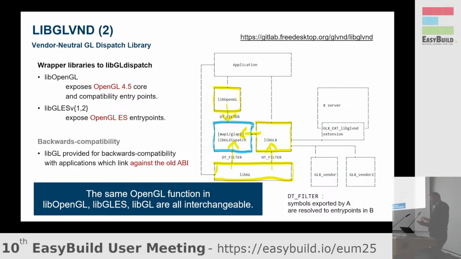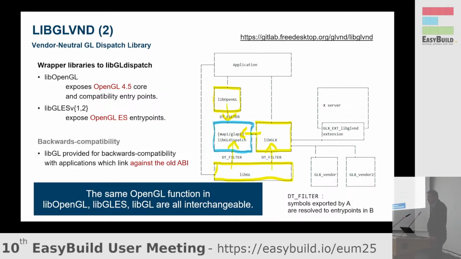Now with the new OpenGL API, though I probably should not call it new after 13 years, at least with the current standard of OpenGL, the application accesses through libOpenGL, and libOpenGL exposes the OpenGL core and compatibility entry points. It's on the left side.